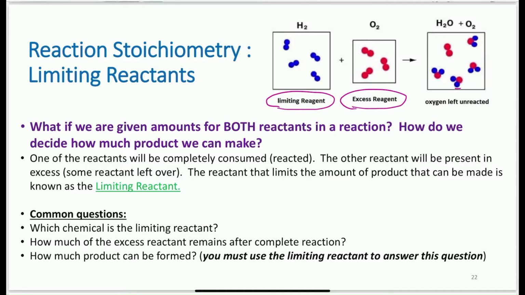So that means, in theory, if I look at all the hydrogen, I can make 1, 2, 3, 4 water molecules. 1, 2, 3, 4 are in fact made. If I look at oxygen though, 1/2 of an oxygen molecule goes into making water. I can make 1, 2, 3, 4, 5, 6 water molecules. That's an excess because I don't have enough hydrogen to actually make all of that.